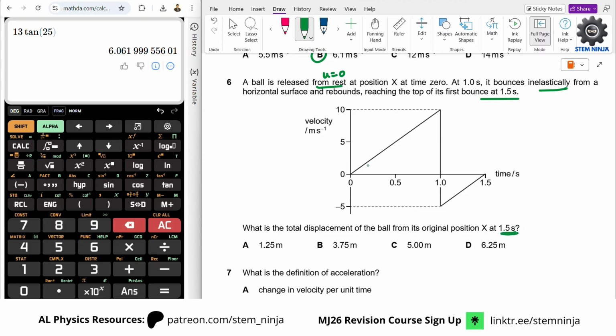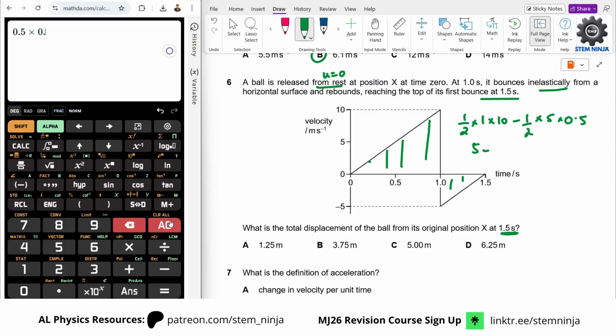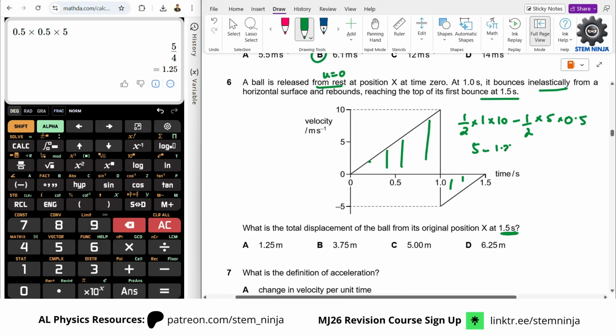So basically the total displacement would be the sum of this positive area and the negative area. So half times 1 times 10 minus half times 0.5 times 0.5 times 5, which is 1.25. So this is 5 minus 1.25, going to be 3.75.